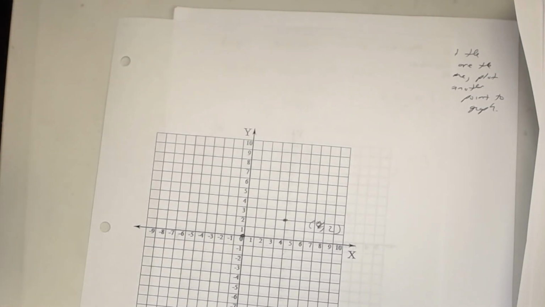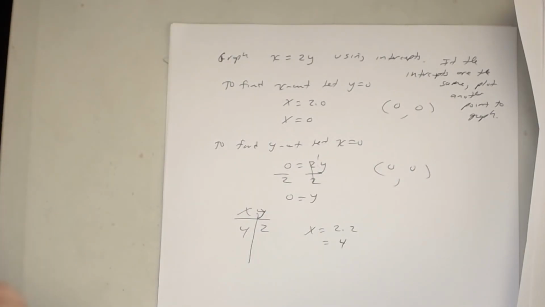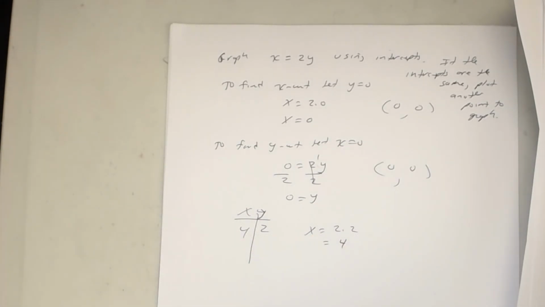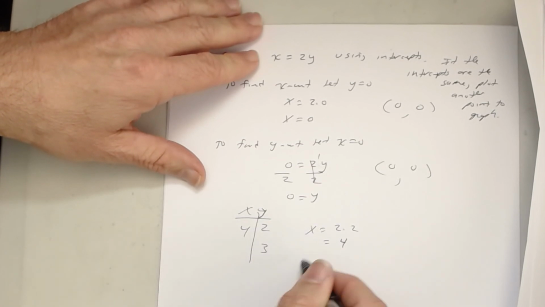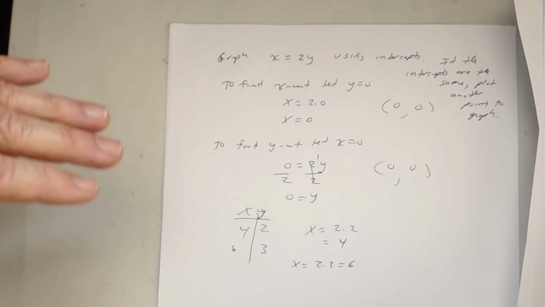Did you just choose the number 4 randomly? No, I didn't choose the number 4 randomly. I chose 2 randomly, and that plugged in for y. 2 times 2 is 4. Okay? So someone else could have chosen what number for y? 3. I would have said x equals 2 times 3, which is 6. And it didn't matter because it would still be collinear.